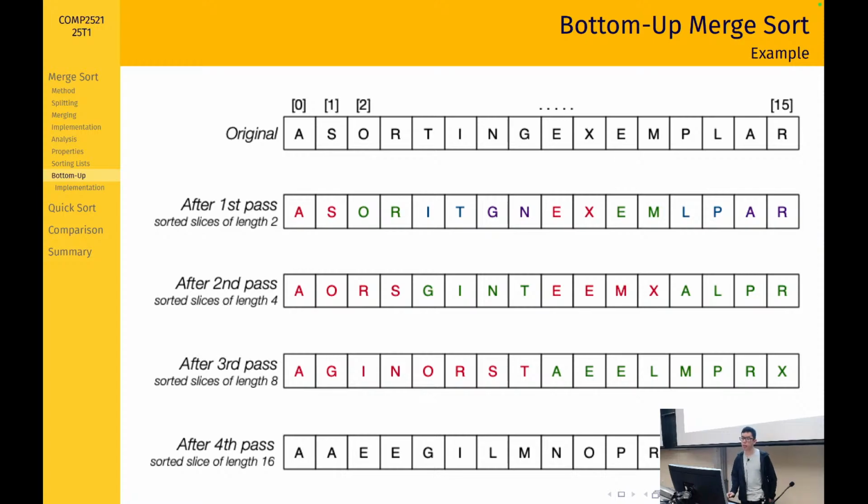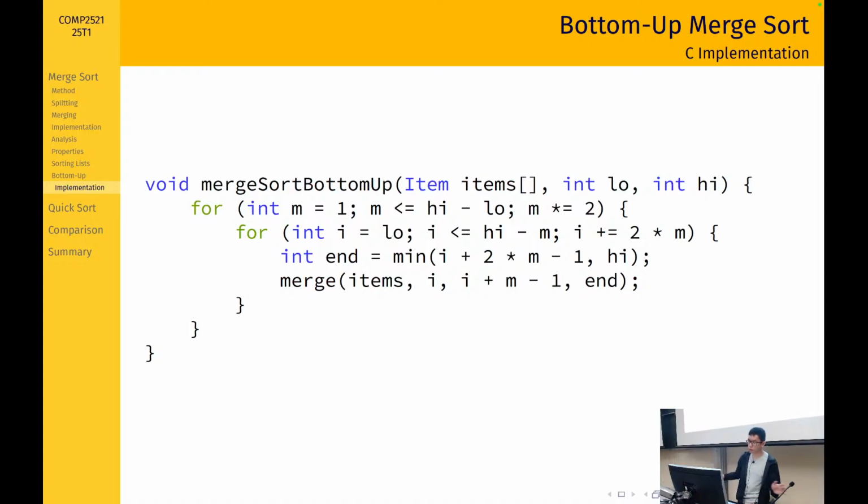But yeah, in terms of analysis, the time complexity is the same as top-down merge sort. But the advantage of bottom-up merge sort is that you don't have the overhead of recursion, because bottom-up merge sort doesn't perform any recursion. It just calls the merge function, which isn't recursive.